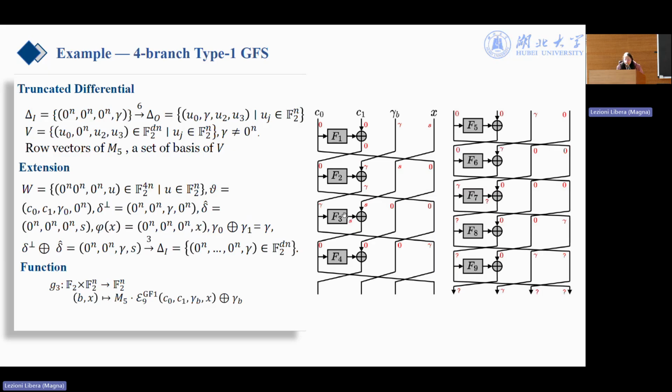For the second case, we can take the 4-branch type 1 generalized Feistel structure. For this structure we can construct a 6-round truncated differential with probability 1. And we can extend it 3 rounds, and finally a 9-round distinguisher can be constructed.